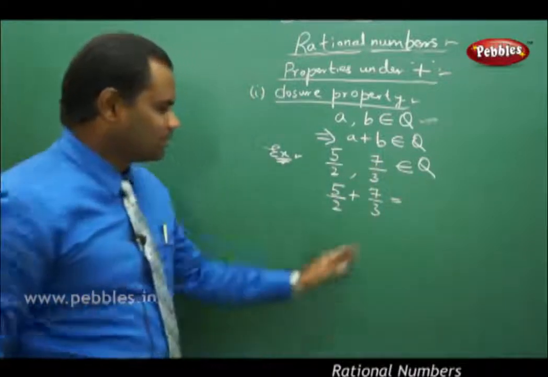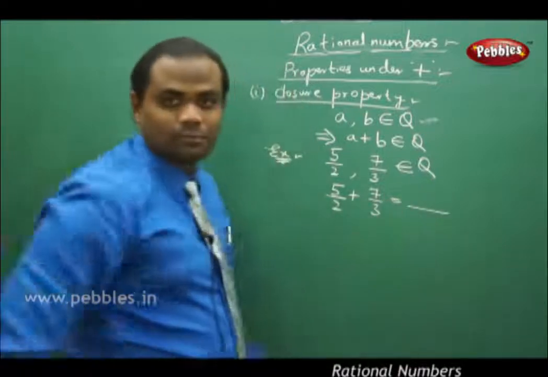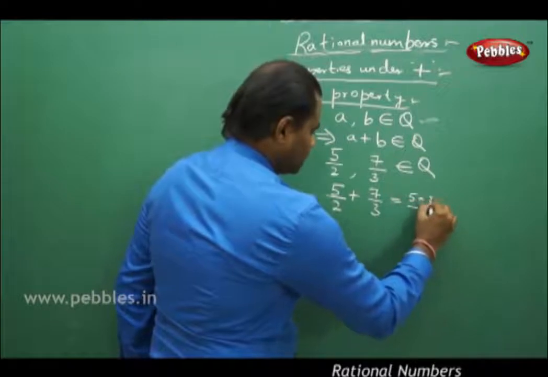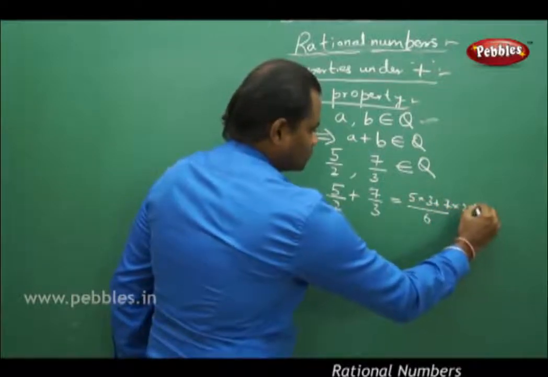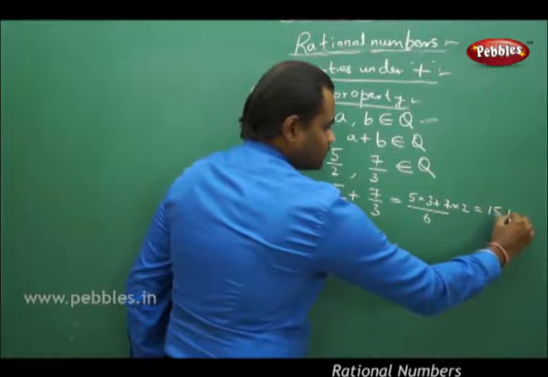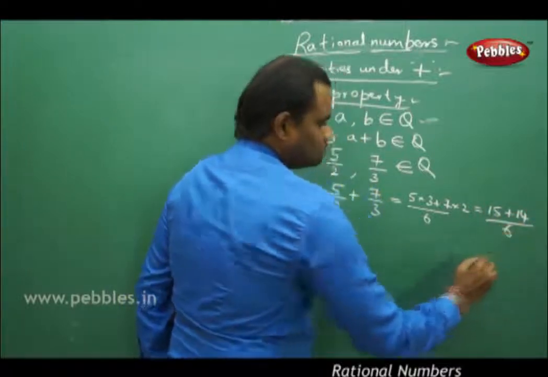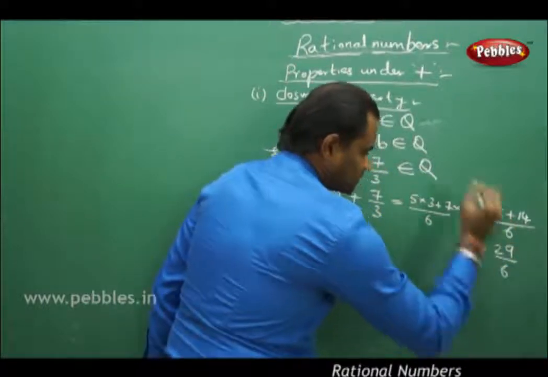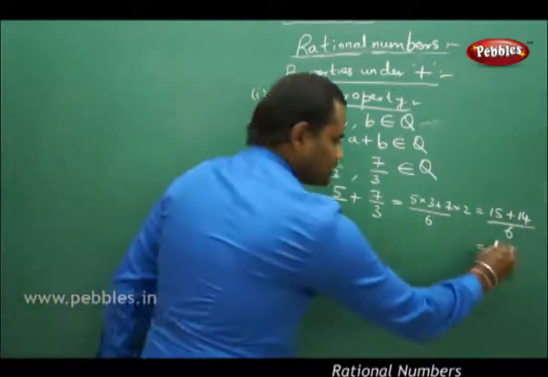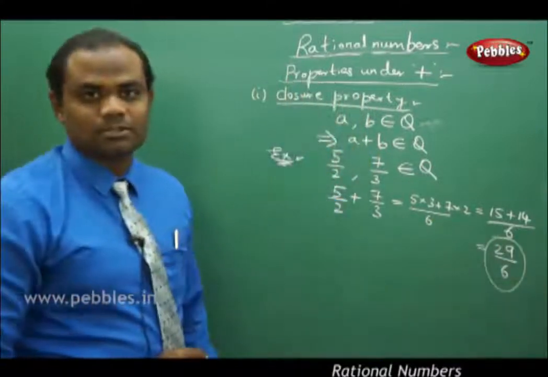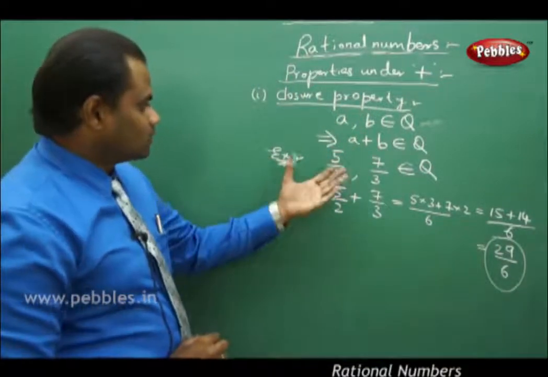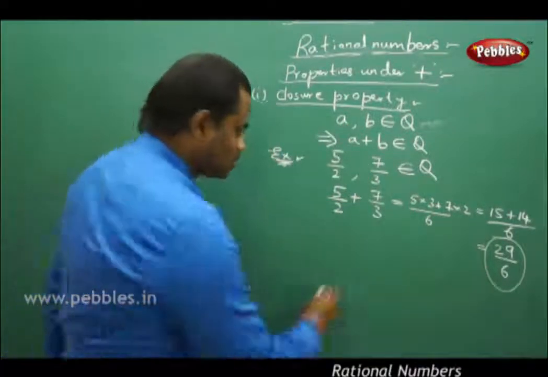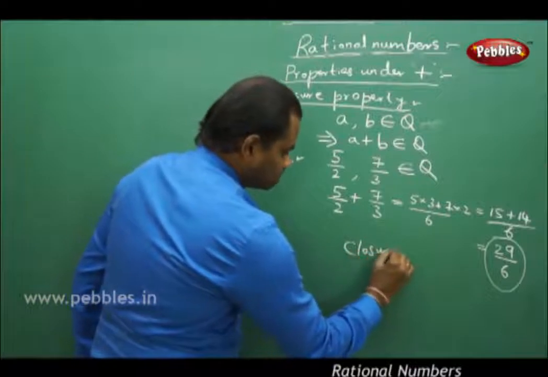The addition, with an LCM of 6, would be 5 times 3 plus 7 times 2, which is 15 plus 14 by 6. This is 29 by 6. Now I understand this to be a rational number. This belongs to Q. Therefore, if you take any two rational numbers and add them, you get a rational number, which is the closure property.